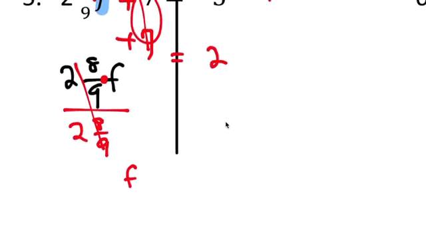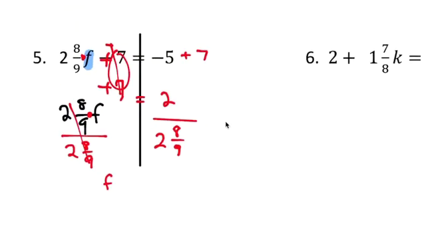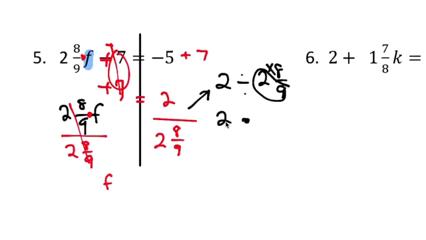If you divide one side by that number, you also divide this side by the number. And when you're dividing, your top number is your first number. So this is 2 divided by 2 and 8/9. Okay? So keep the first one, change to multiplication, make this a mixed number, which is improper.